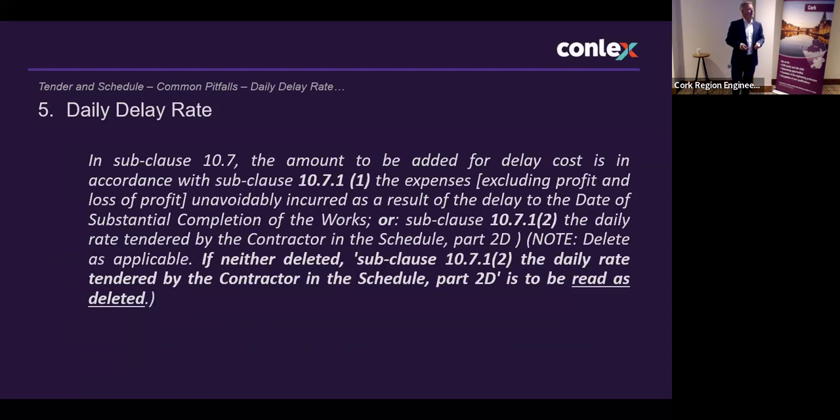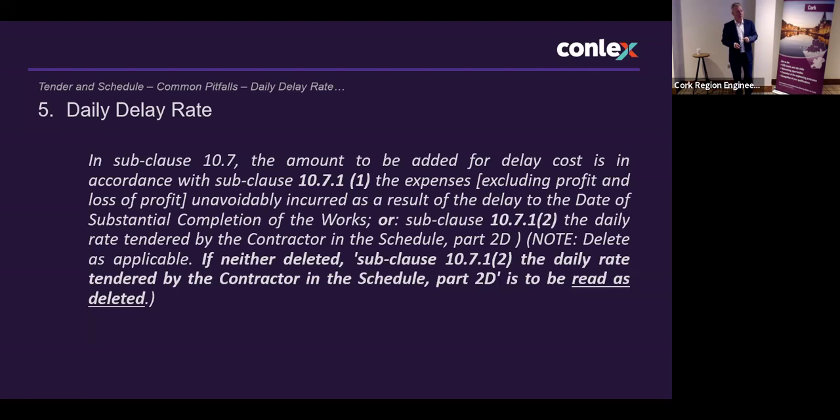The famous daily delay rate. This is a particular clause or statement in the schedule, and I'll read it because it's easier than just explaining it. It says in subclause 10.7, the amount to be added for daily cost is in accordance with subclause 10.7.1.1, the expenses unavoidably incurred as a result of delay to the date of substantial completion, or subclause 10.7.1.2, the daily rate tendered by the contractor in the schedule.